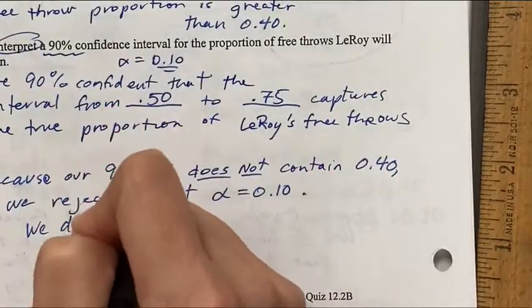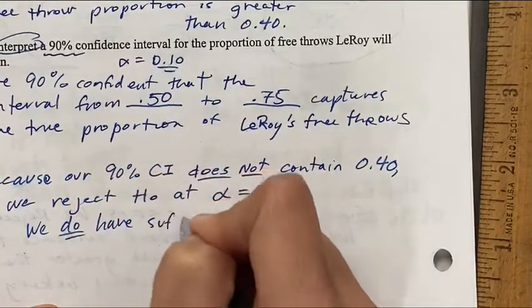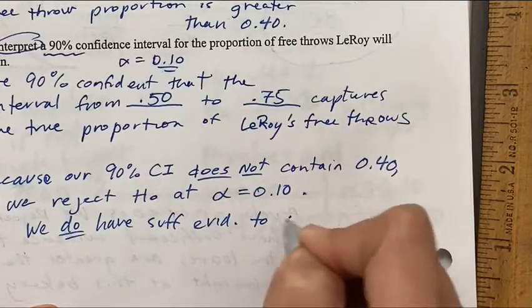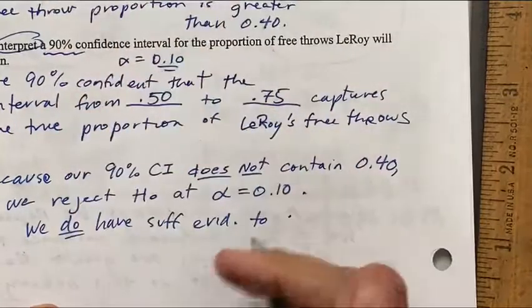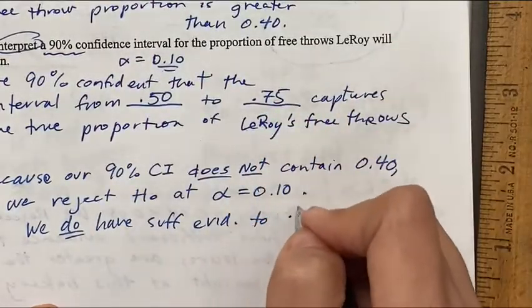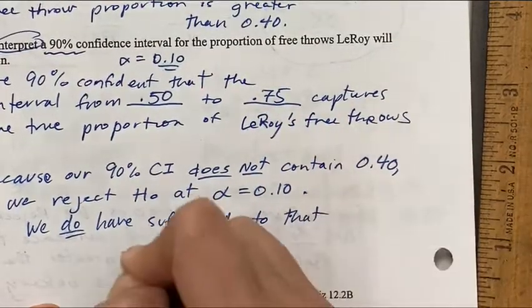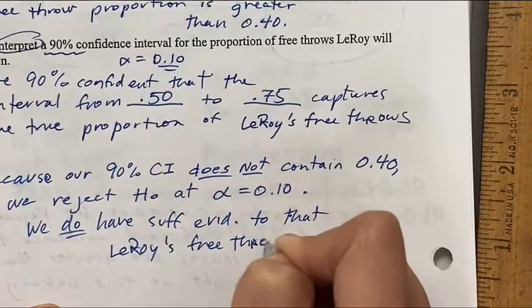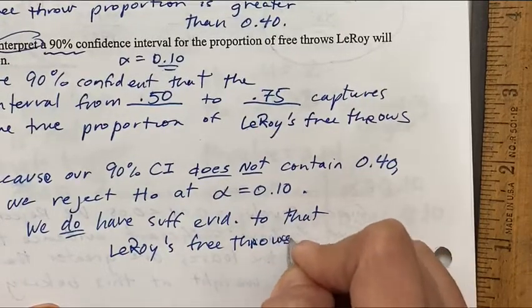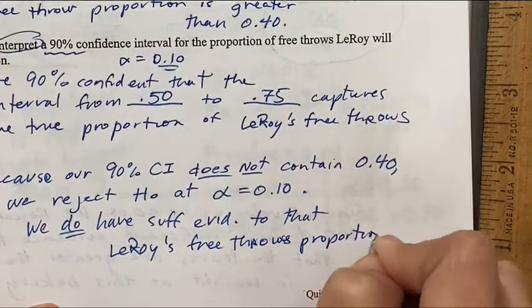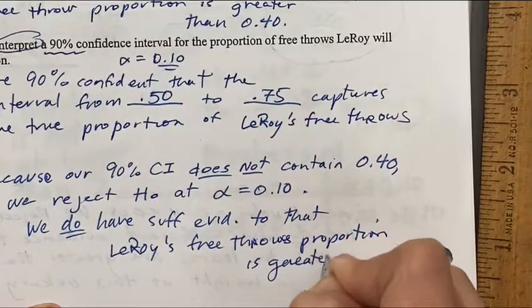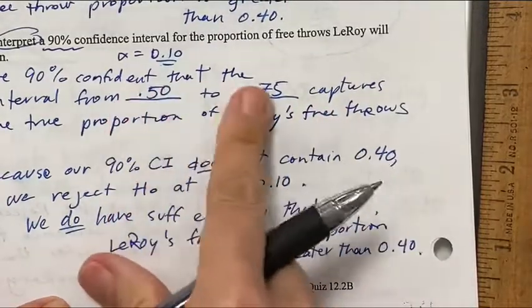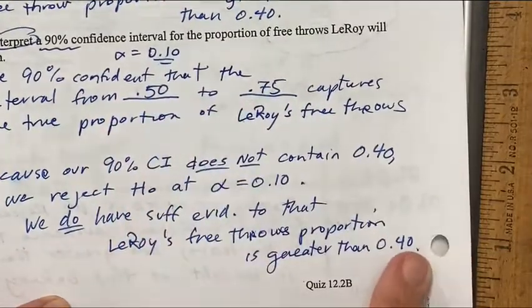We do have sufficient evidence to conclude, once again, a similar conclusion here. We do have sufficient evidence that Leroy's free throw proportion is greater than 0.40, because 0.40 did not fit and all the numbers that did create this interval were greater than that.